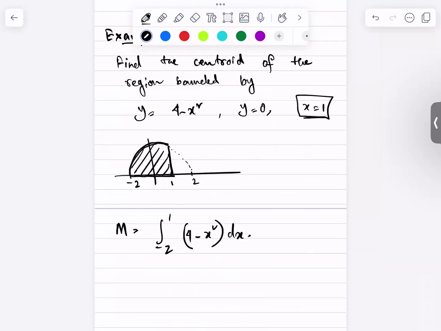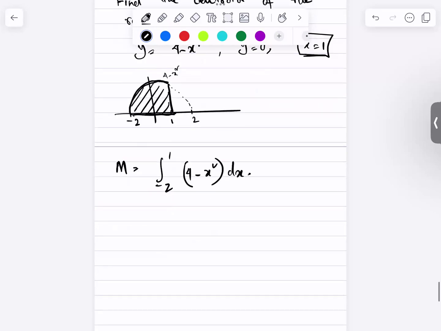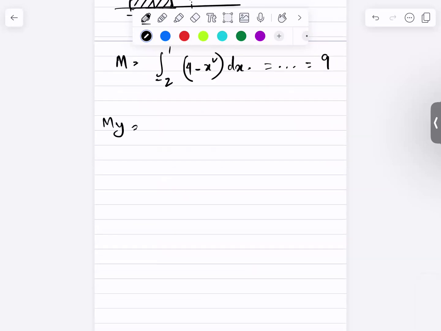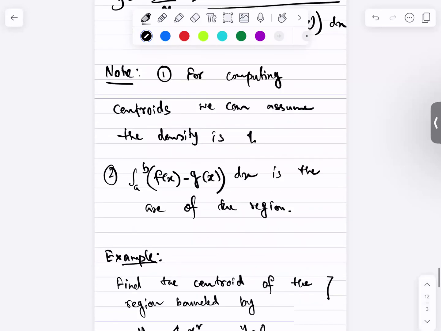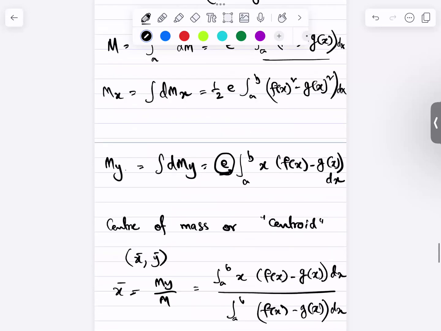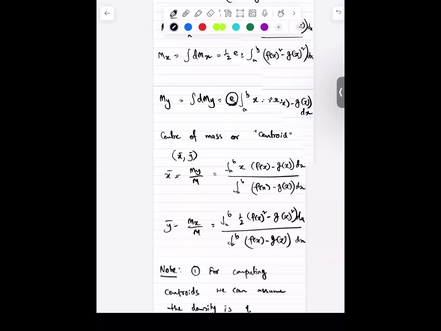So therefore 4 minus x squared, and this is 0, right? Y is 0. So minus 0 doesn't come there. So I have to just calculate that. If you do the standard calculation, you'll get the answer as 9. So that's the mass. And for My, I'm just supposing this E to be 1, because at the end, it doesn't matter. So you can just assume E to be 1 to make things simpler.